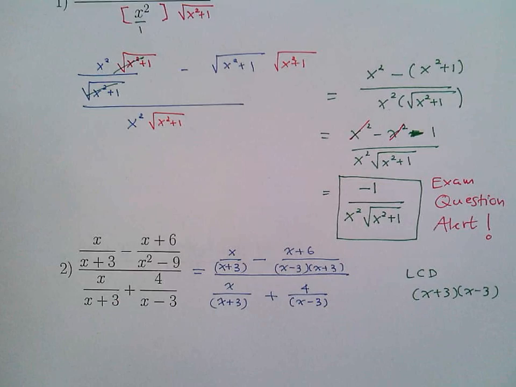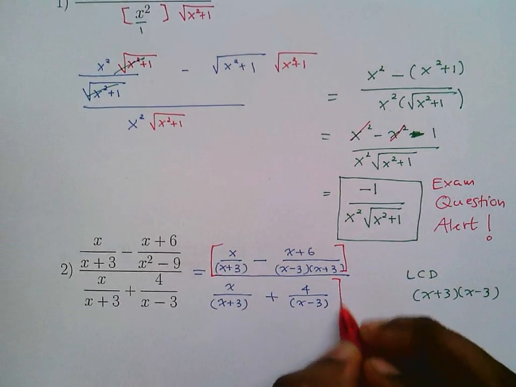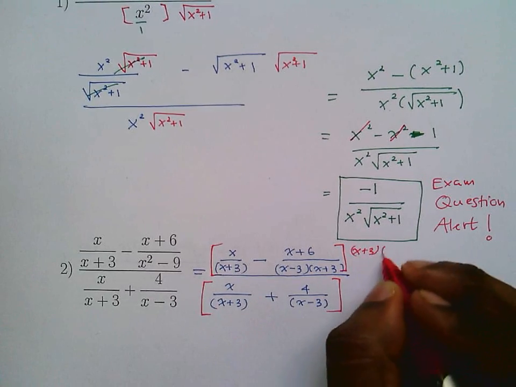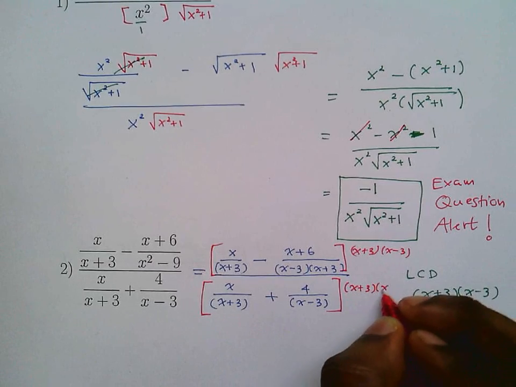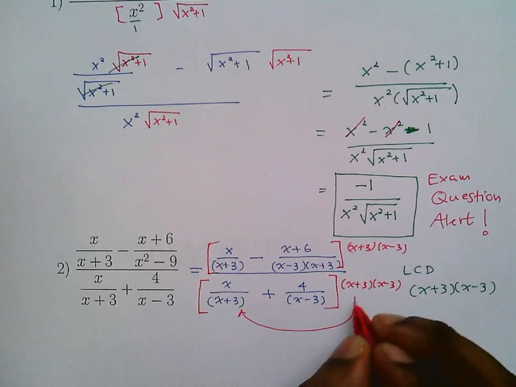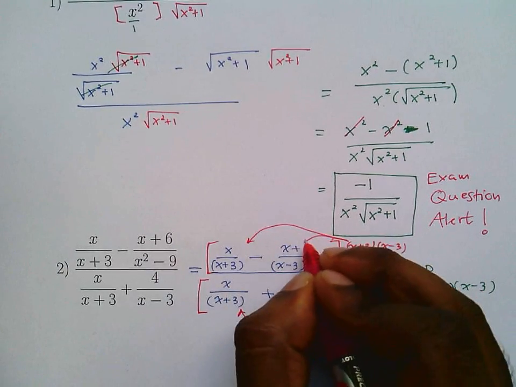So now we will multiply both the top and the bottom by x plus 3, x minus 3. So it goes in all the 4 terms. So remember, do the distribution step.